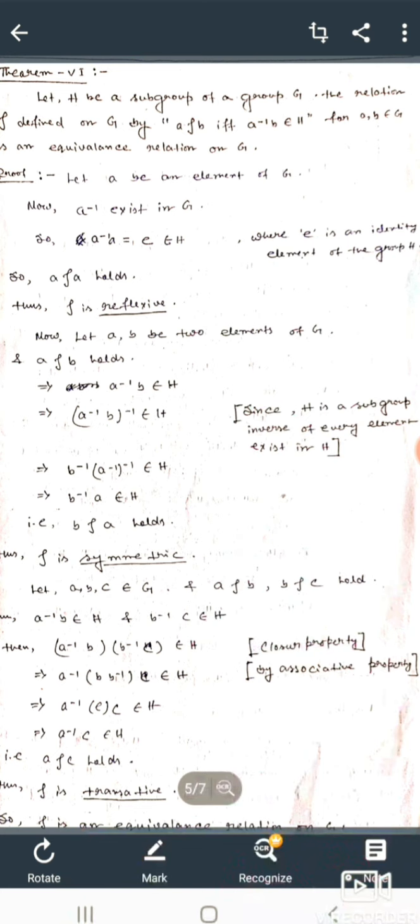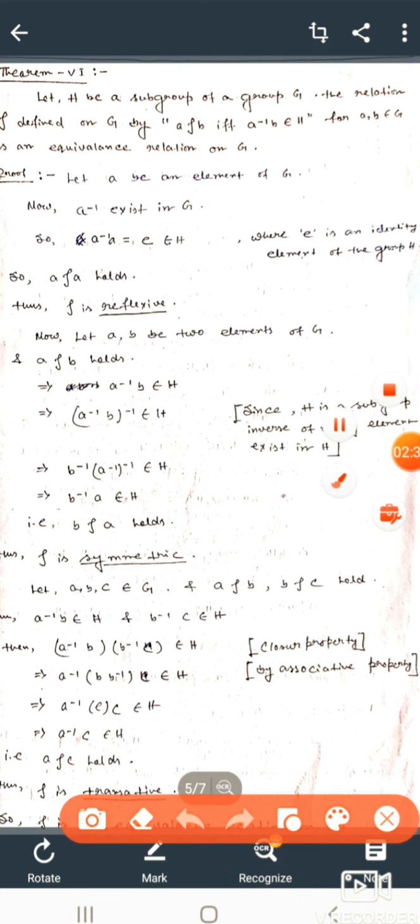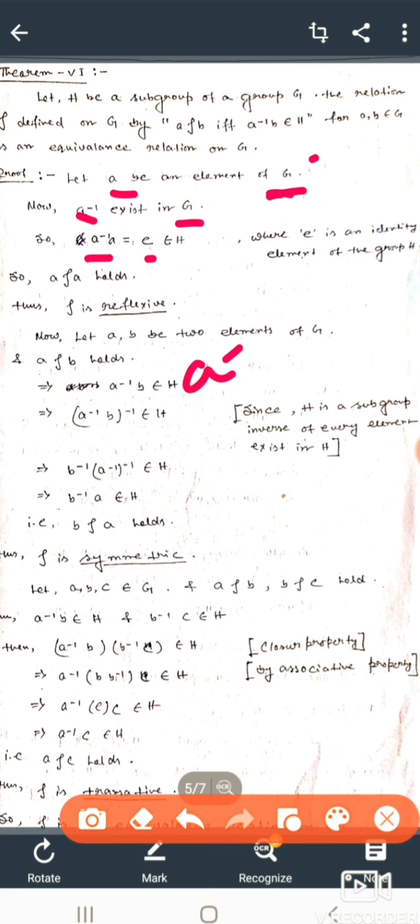Here, let A be an element of the group G. Then G must be a set, and more than that, G is a group. So A inverse already exists in G, and A inverse times A equals E, the identity element.